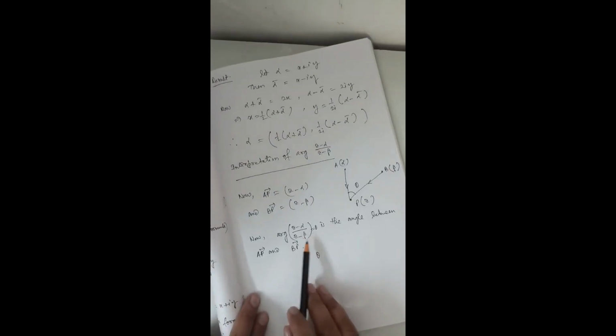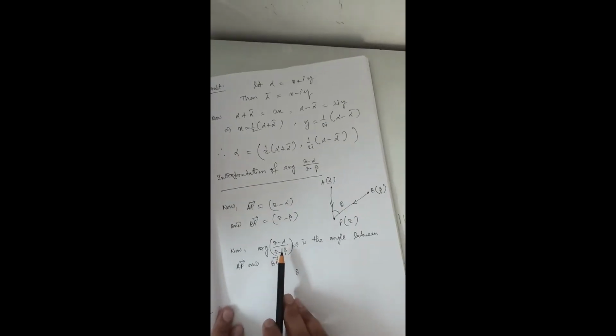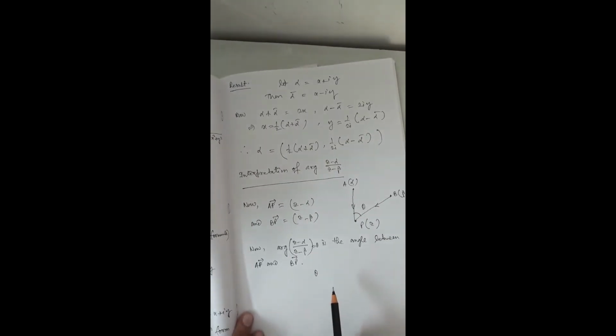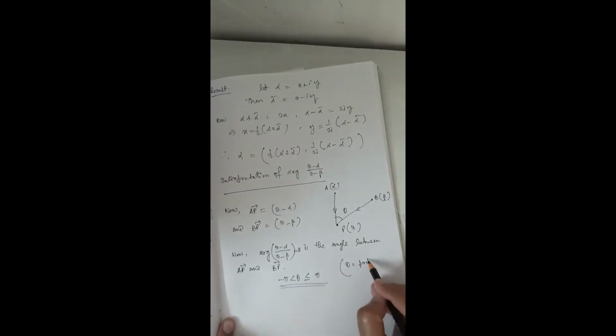We know very well that the principal argument of any complex number always lies between minus pi and plus pi, including plus pi and excluding minus pi. So this is the condition. So theta is the principal argument.